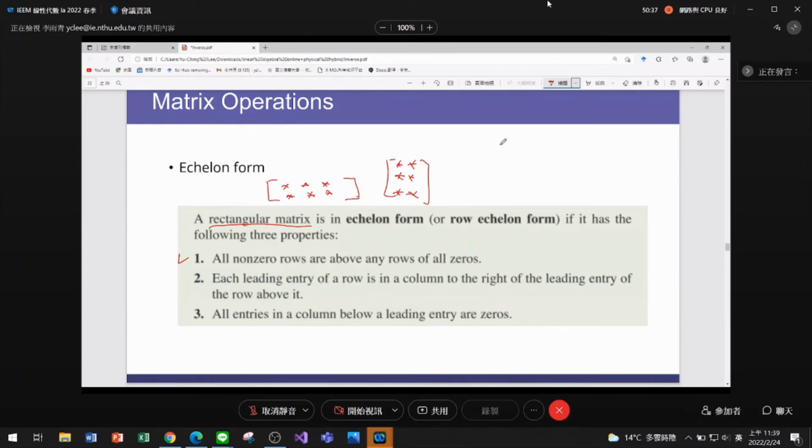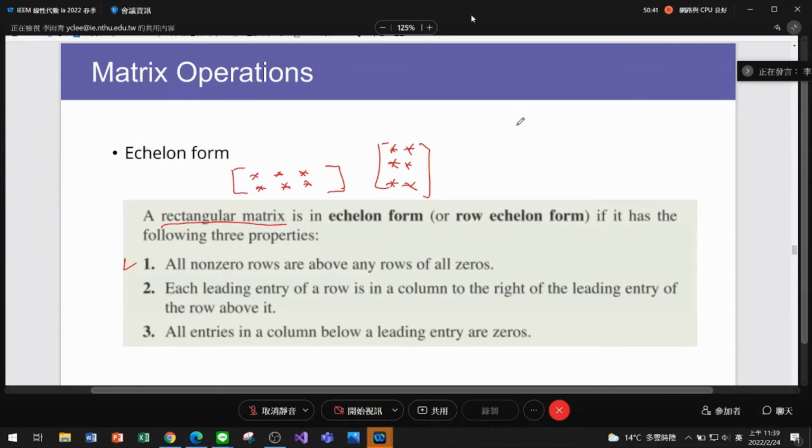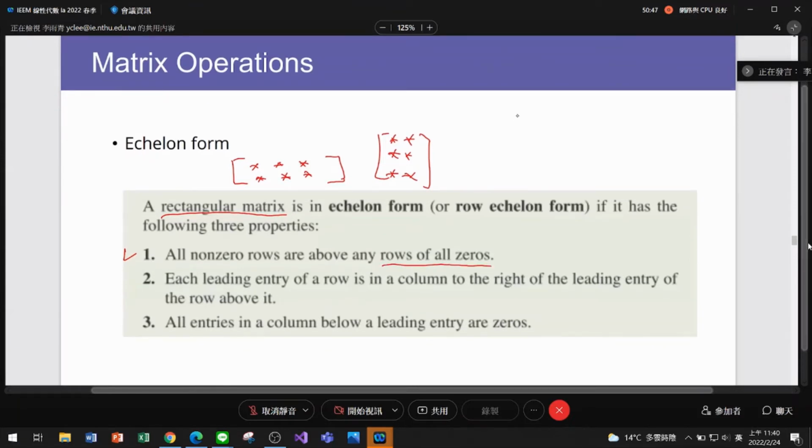If we have a row being all zeros, we want to do the row interchange to move those rows of all zeros, like a row containing all 0 components, to the bottom of that matrix, in order to gradually reduce to echelon form.